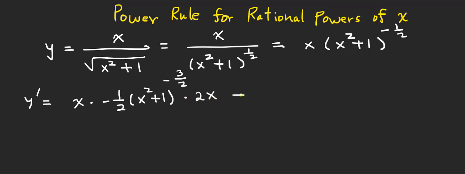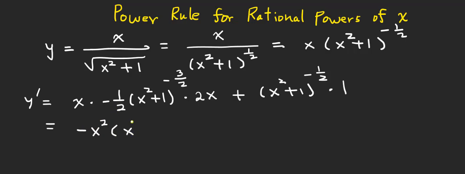Then plus this times the quantity x squared plus 1 to the negative 1/2 times the derivative of x, which is just 1. So let's clean this up. Negative 1 over 2 and 2 become negative 1. So you get negative x squared times the quantity x squared plus 1 to the negative 3 over 2, plus the quantity x squared plus 1 to the negative 1/2.